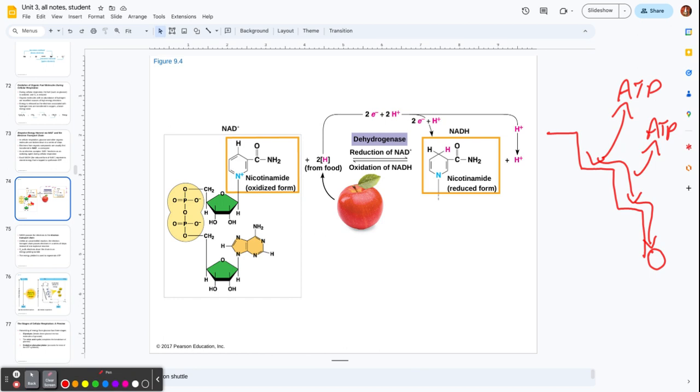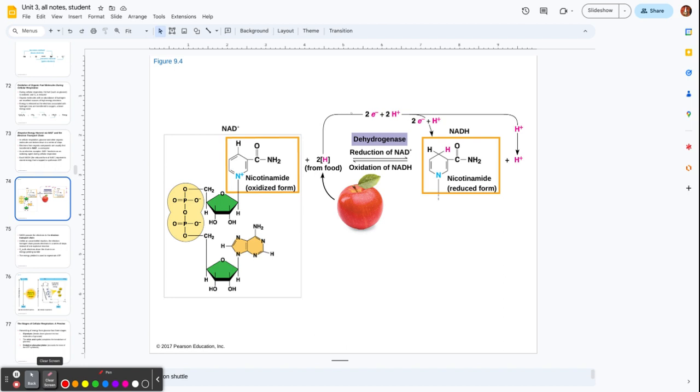Really the only thing you need to know here is you have NAD plus, and NAD plus is going to gain a couple of electrons and a proton.